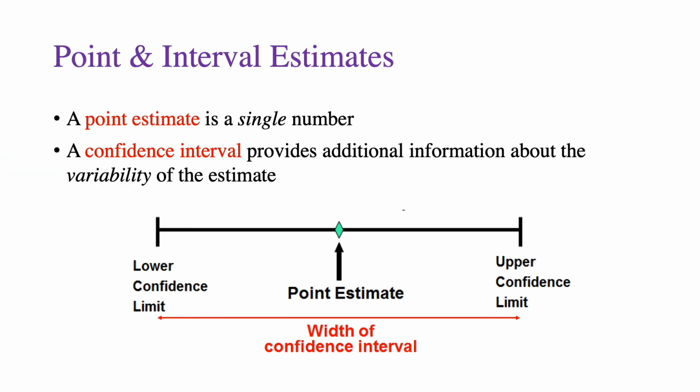Just to reiterate, a point estimate is a single number, and the confidence interval is that range that provides additional information about the variability of the point estimate. It's within this confidence interval where the population parameter is most likely going to lie.